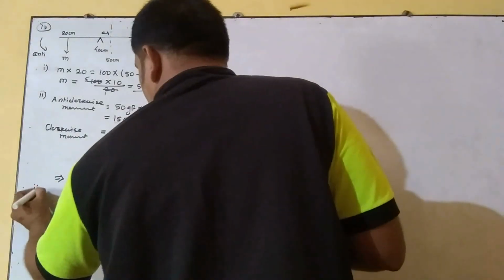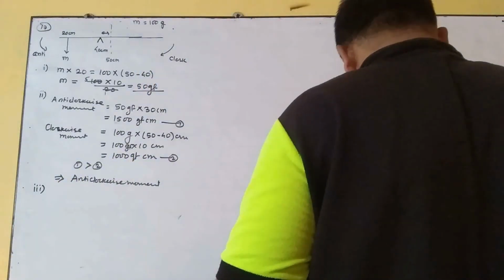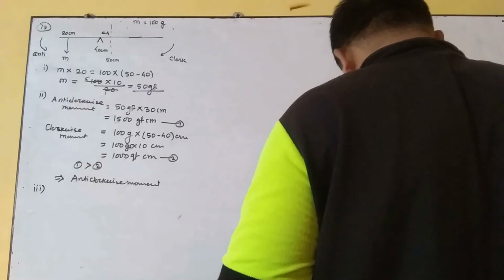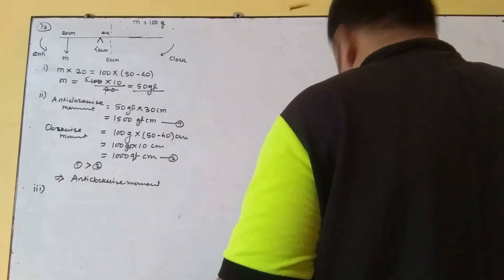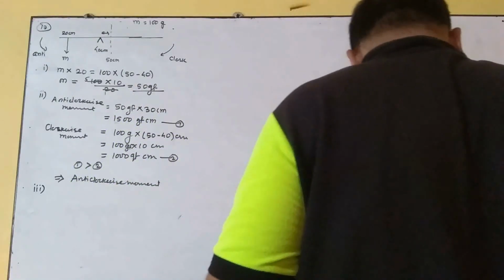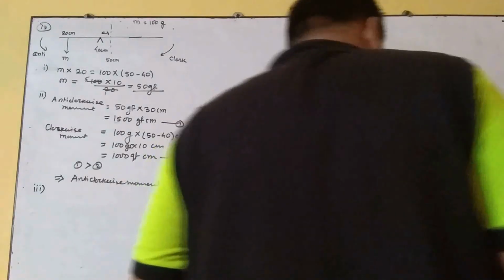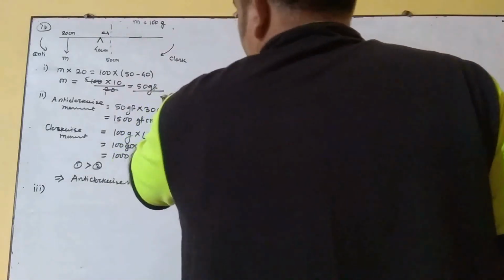Third, what is the resultant moment now? Mass we found is 50 GF, right?